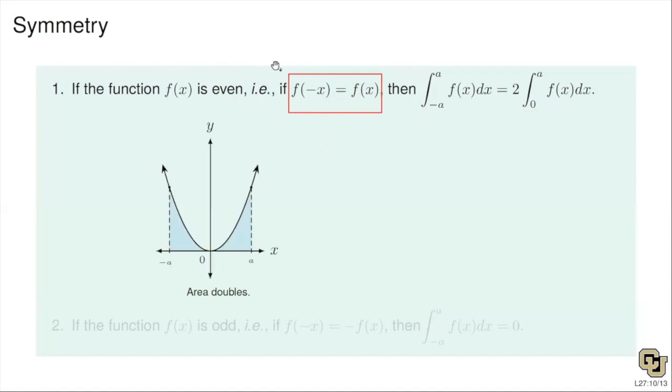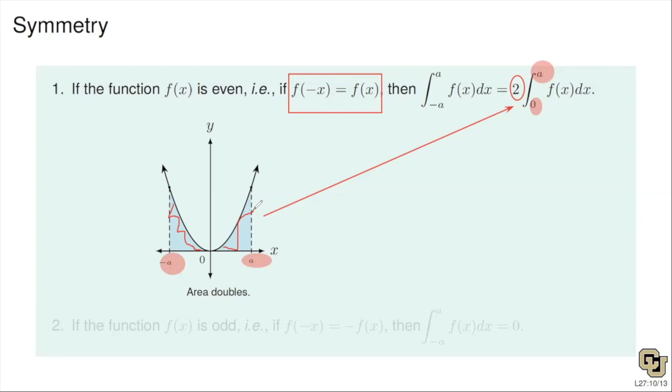Then if we're integrating from minus a to a, that's the same as integrating from 0 to a and multiplying the value of that integral by 2. And you can see, this is not a proof, but you can see visually this area and this area are always going to be the same, because of the symmetry, or even if it was below the x-axis, the net area on the left and the net area on the right of the y-axis will always be the same. So here we can just integrate from 0 to a and multiply by 2.